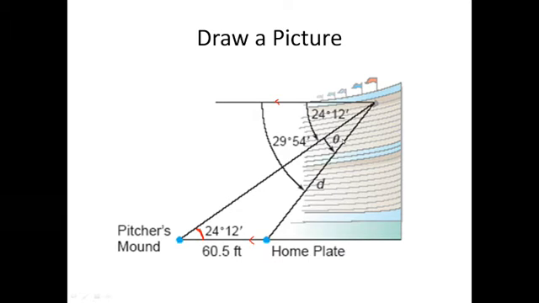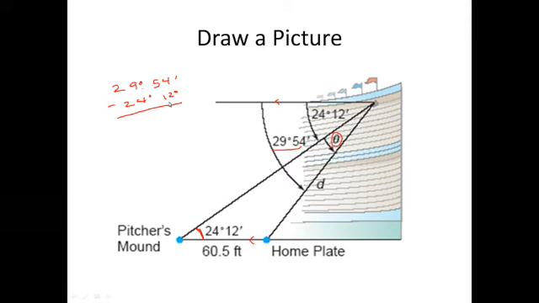Now, we need to find theta here. In order to find theta there, we need to subtract this smaller angle from this bigger angle here to find the difference. So let's go ahead and do that. So I'm going to get 29 degrees, 54 minutes, minus 24 degrees, 12 minutes.